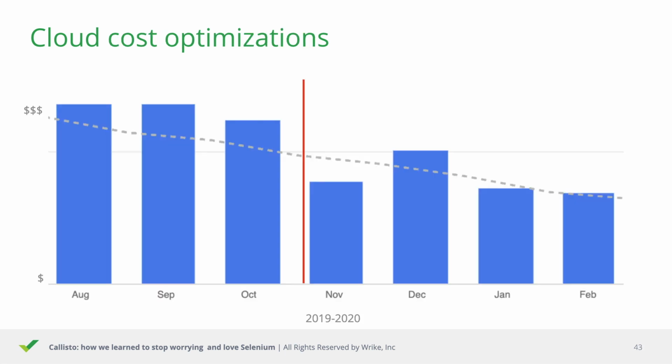Here you can see a notable decrease of spending in our GCP, Google Cloud Platform project for Selenium testing in November. This is the month when we finally ended our migration to Callisto. And this is a really great decrease of spending, I guess.